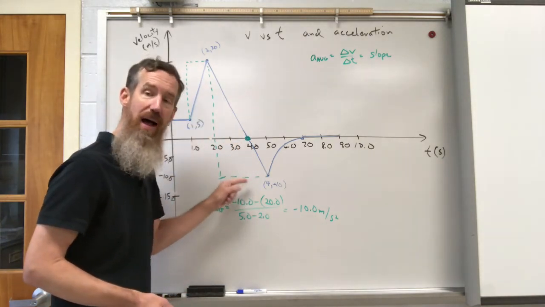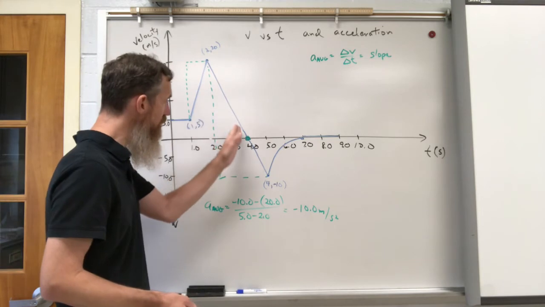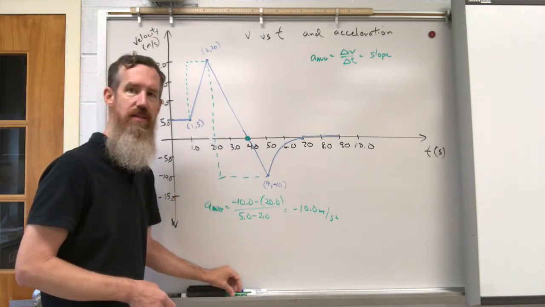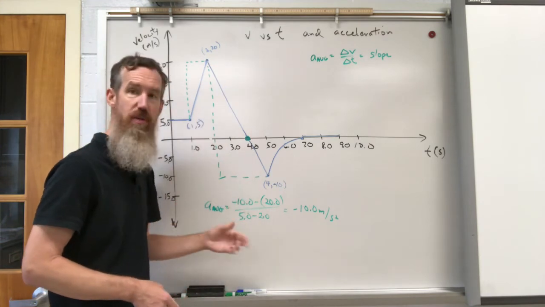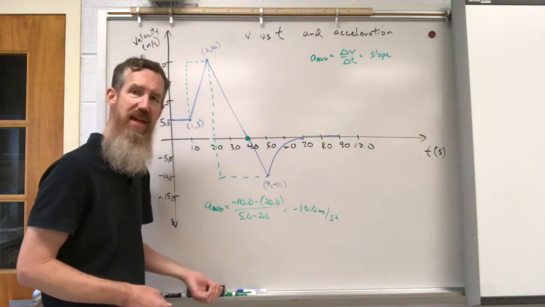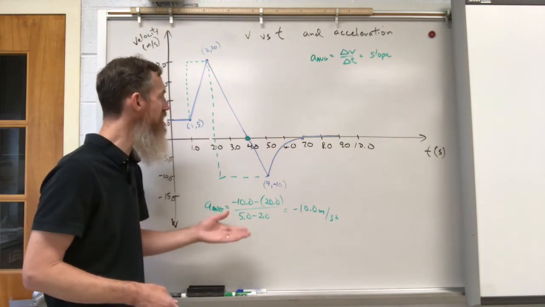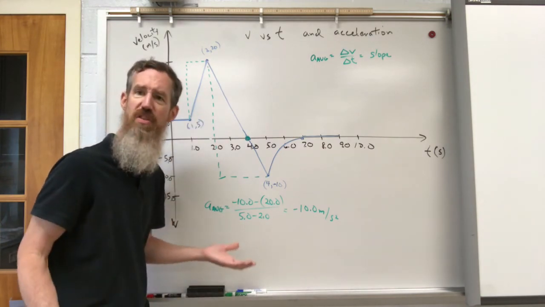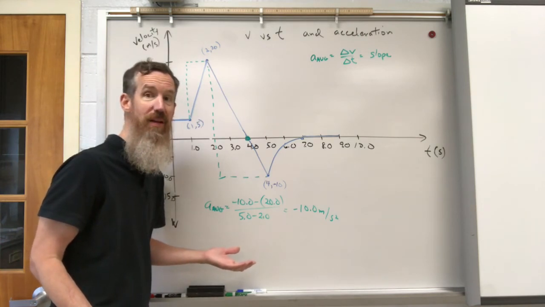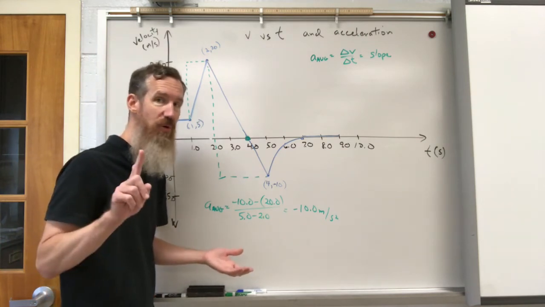That's what this tells you. And all the while, the acceleration remains absolutely constant. It's the same acceleration throughout the motion. And you're like, how can that be? How can the motion have the same acceleration but in two separate directions? Well, hold on.